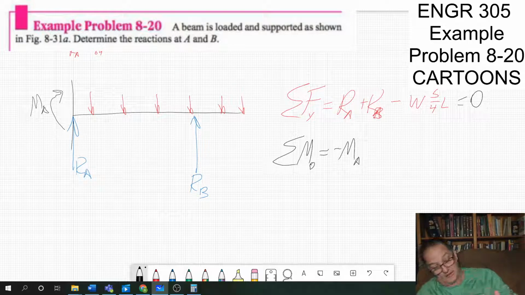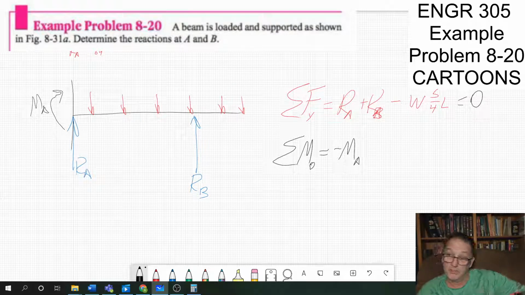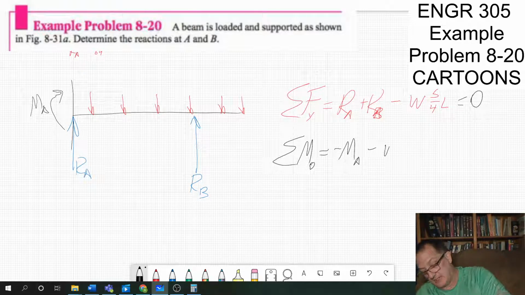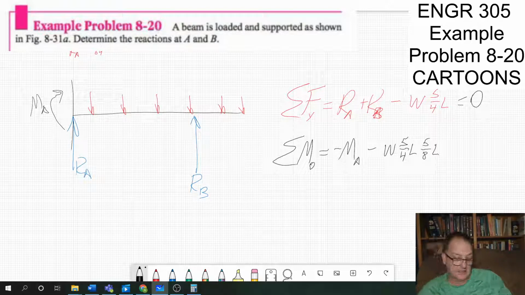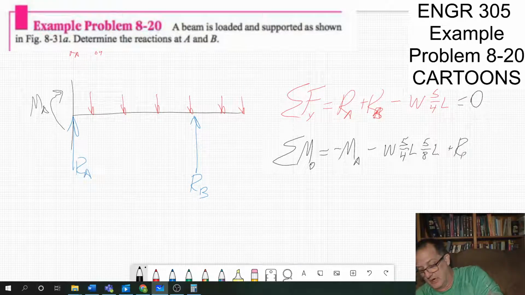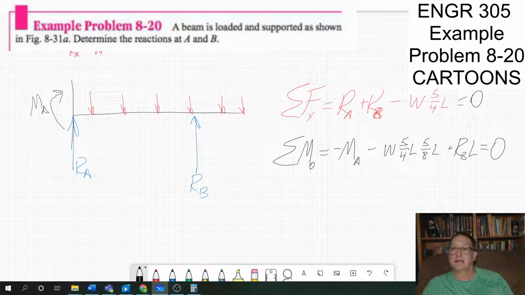The distributed load causes it to go the same way that the moment at A does, so that's a minus W times the length of the weight, and the distance at which that's applied is actually 5/8 of L. And lastly, the reaction at B is the only thing causing it to go the other way, so that's a plus RB times the length. And there I got that.